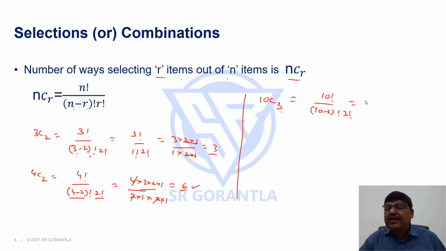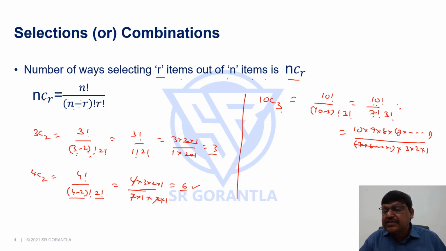If you observe here, 10 factorial by 7 factorial into 3 factorial: 10 factorial means 1 to 10, and 7 factorial means 1 to 7. So 1 to 7 will get cancelled. What will be left over is 10 into 9 into 8, divided by 3 factorial, which is 3 into 2 into 1.